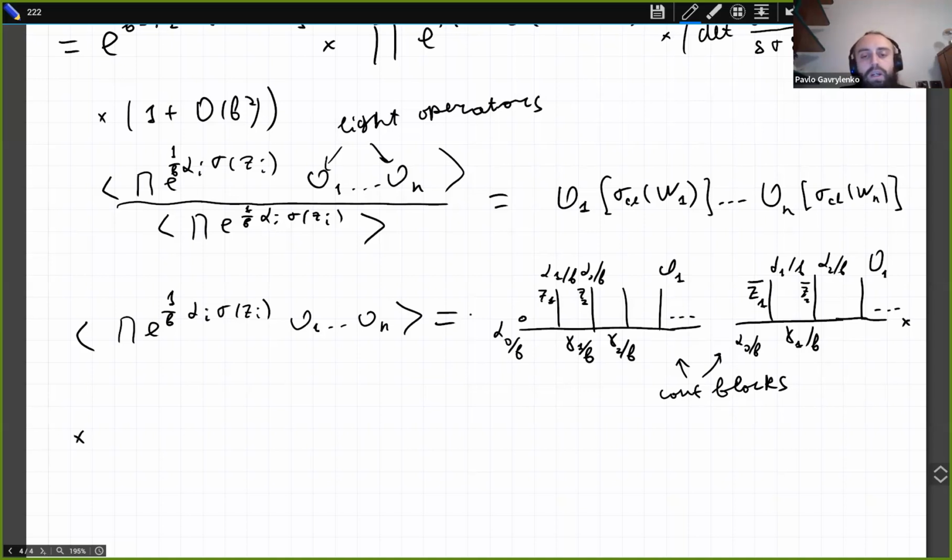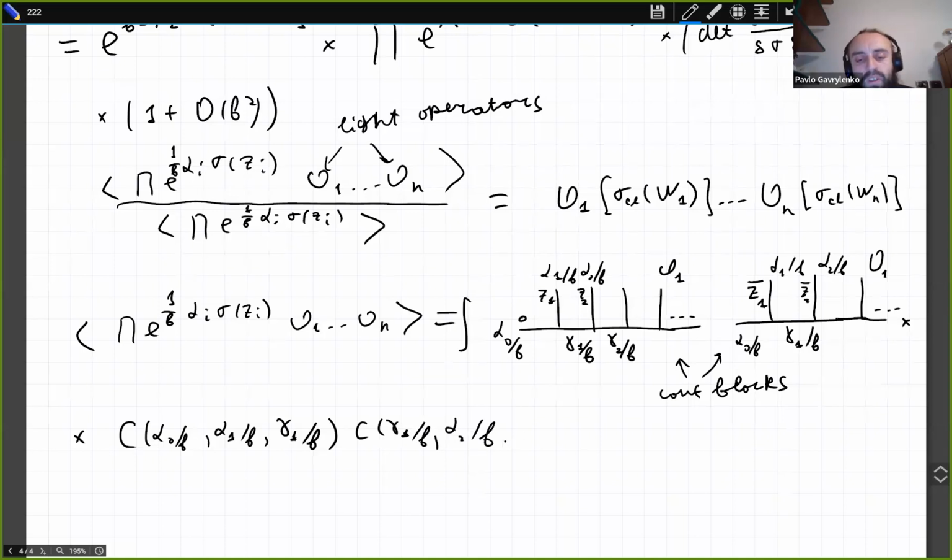And this is also multiplied by 3-point functions like C of alpha 0 over b, alpha 1 over b, gamma 1 over b, C of gamma 1 over b, alpha 2 over b, gamma 2 over b, and so on.